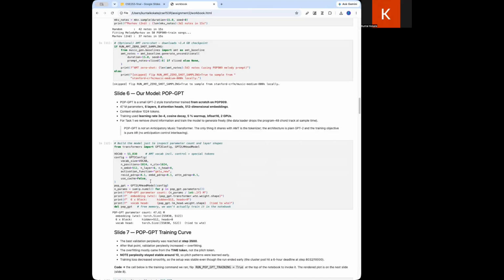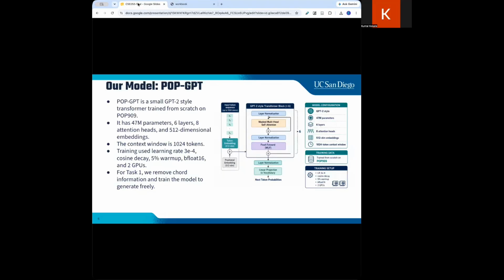So if we want to increase the parameters or the attention heads, we can always go back and experiment and see which fits our use case best. For task 1, we strip the chord track from the input, so the model only ever sees the AR mode prefix and the merged melody, bridge, piano stream.